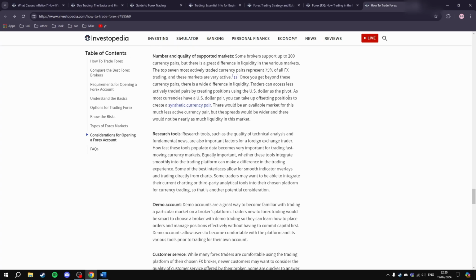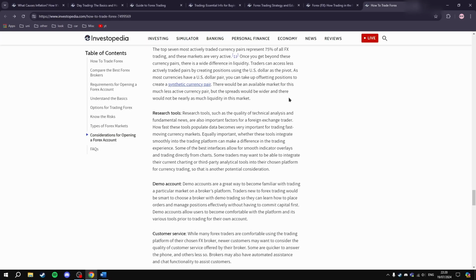Number and quality of supported markets. So some brokers support up to, I guess, up to 200 currency pairs, but there's a great difference in liquidity in the various markets. So 7 most actively traded currency pairs represent 75% of all FX trading. Once you go beyond these, there's a wide difference in liquidity.